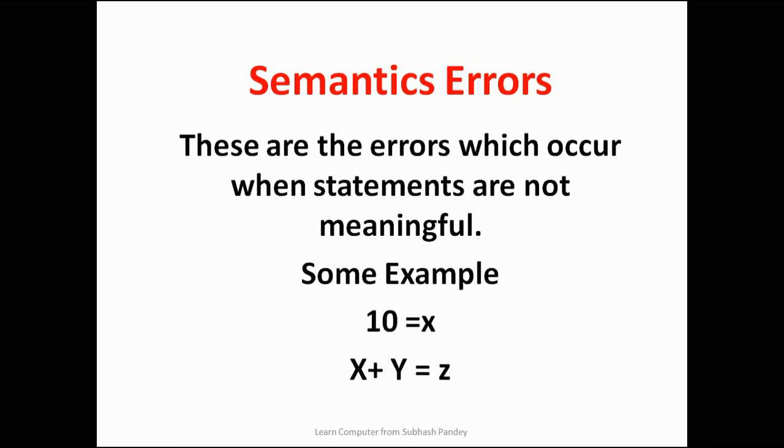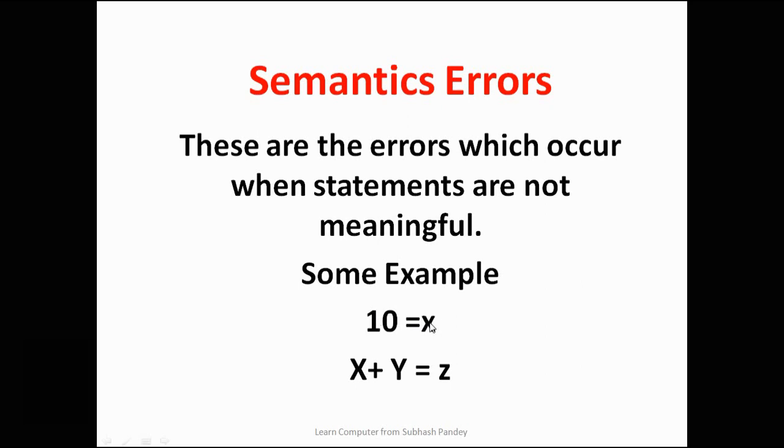Now, what are the semantics errors? These are the errors which occur when statements are not meaningful. If we do not know how to write the statement, then generally these types of errors occur. Suppose I am writing 10 is equal to x. Then this is a wrong statement, because you cannot assign a value to a constant. An expression has two parts, L value and R value.